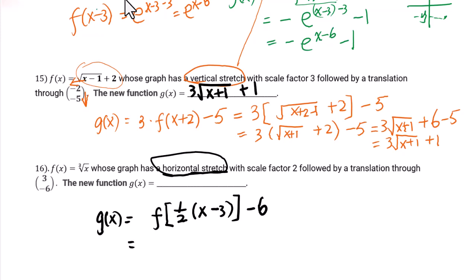Every single x we will change into 1/2 times (x minus 3). So we get cubic root of 1 over 2 (x minus 3), then minus 6. Therefore, the new function g of x equals cubic root of 1/2 times (x minus 3), minus 6.